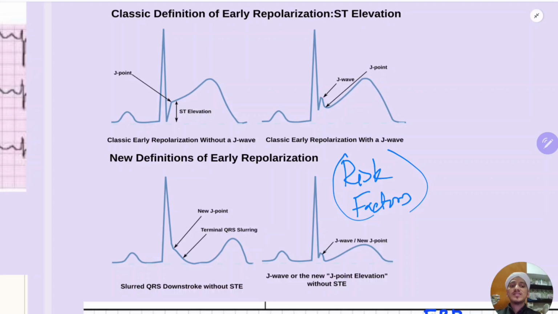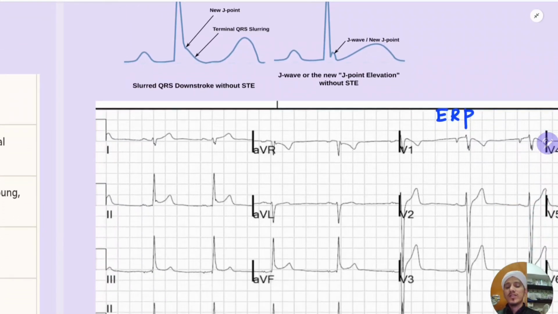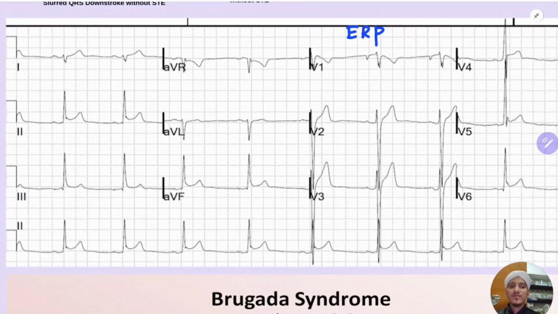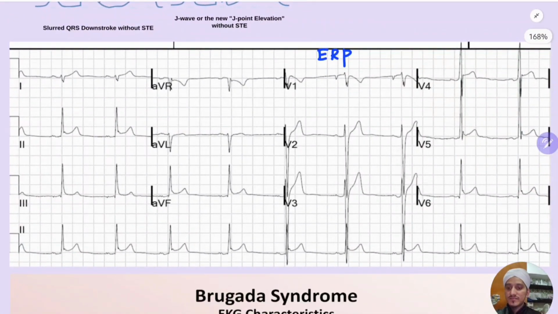And in the HEART score, which is broadly used in EDs, it is given 1 point. So remember these things: J point, slurred downstroke of the QRS complex, and the classical concave ST segment elevation. So this is an example of early repolarization pattern.